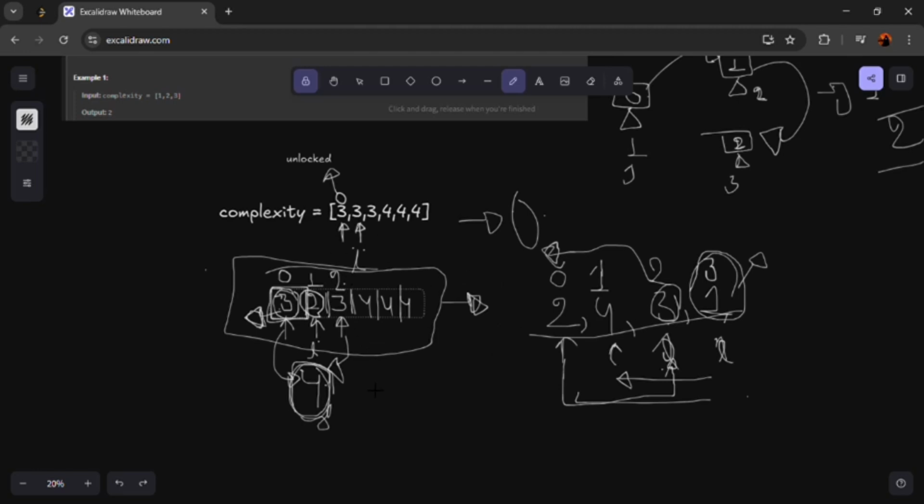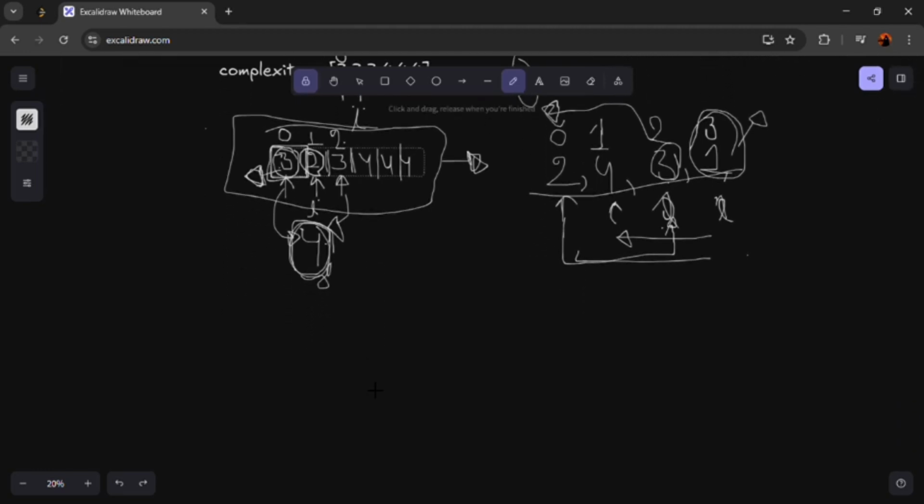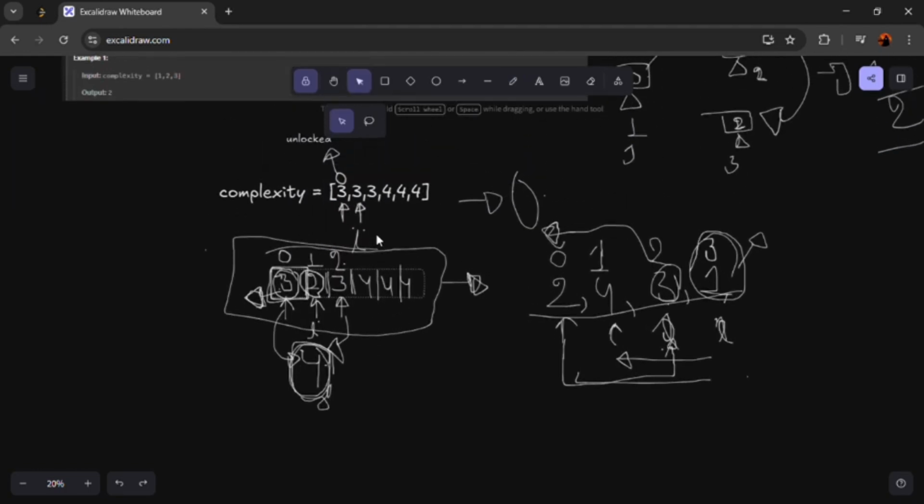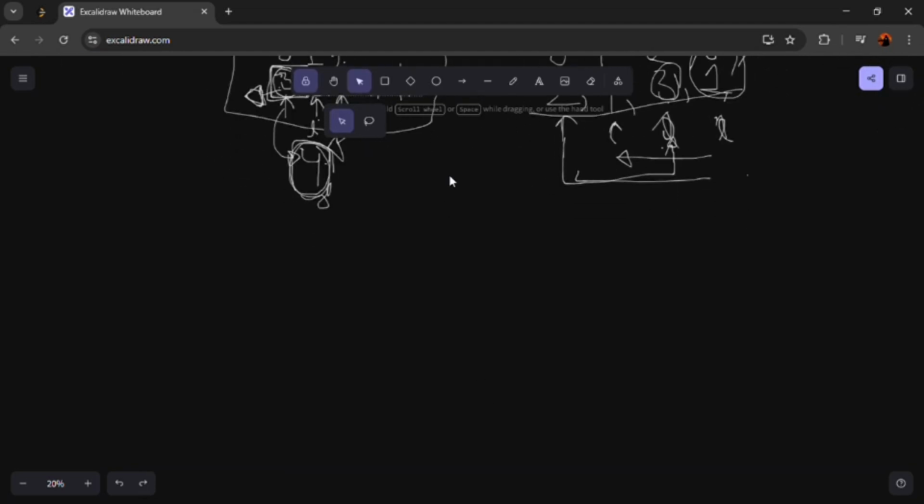And now the second part of this question is how we can find the total number of permutations. This is very easy. Let's take an example, let's look here. There are 3 computers.